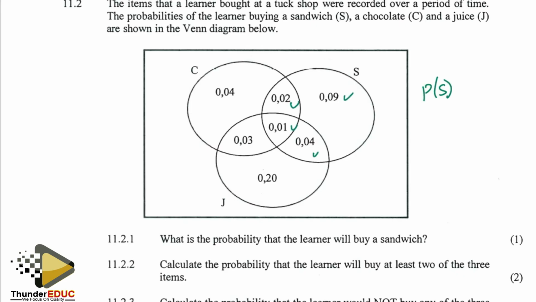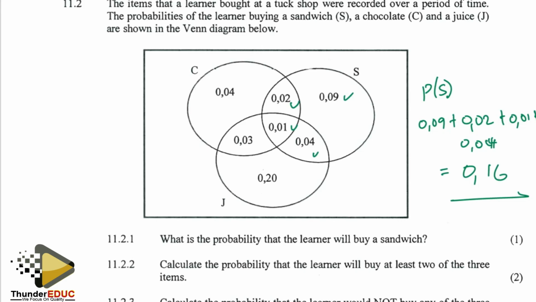You can buy sandwich only or sandwich and something, so that's going to be 0.09 plus 0.02 plus 0.01 plus 0.04. In other words, the circle of the sandwich in the Venn diagram is what we are interested in. So if you put that into your calculator, you get 0.16. That's what I got. Okay, that's what they need.